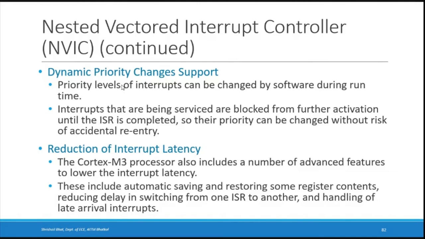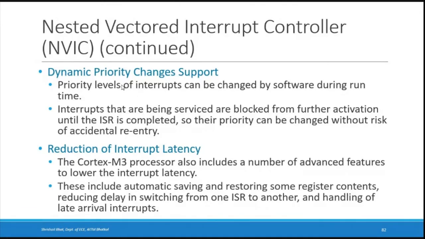Whenever an interrupt is being serviced, it is blocked until that particular ISR is completed. That particular type of interrupt cannot occur again, so even if its priority changes in between, there cannot be an accidental re-entry. So dynamic priority means that during runtime the priority can be changed.